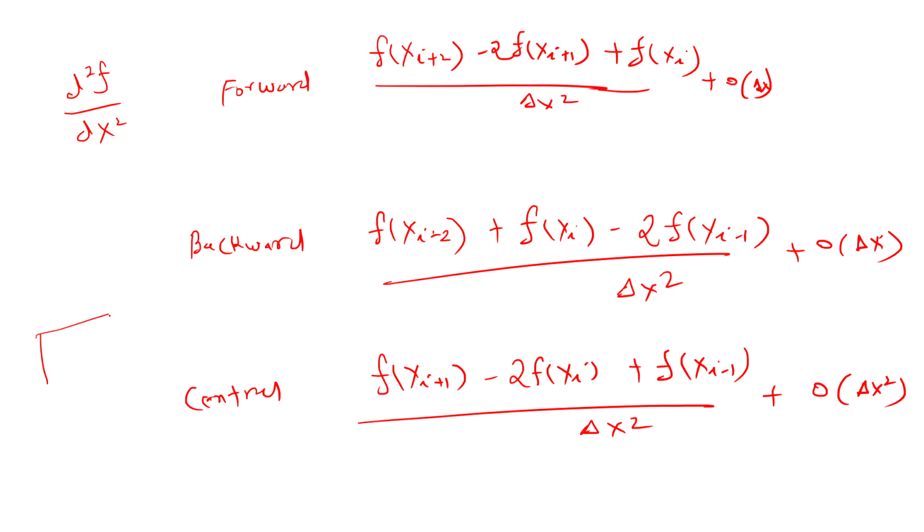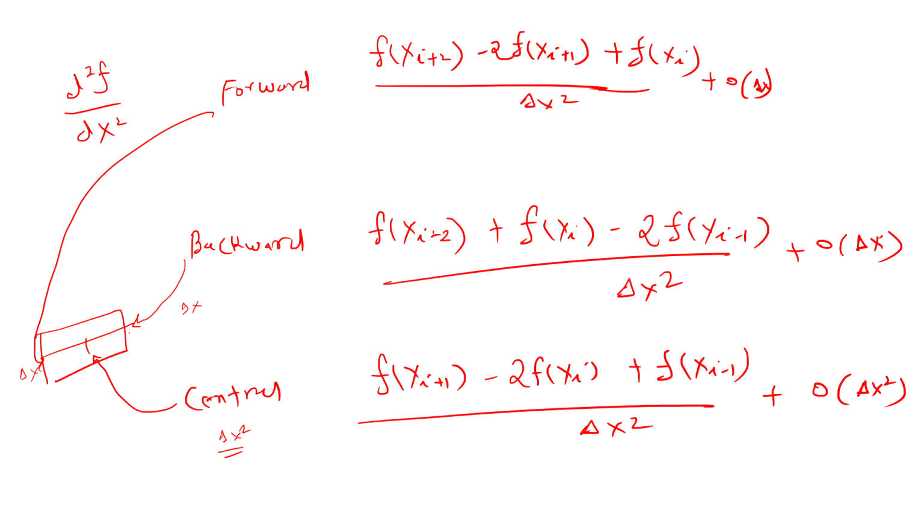This can be applied towards the center, towards this boundary, and towards the left boundary. But if we mix the derivatives, suppose at this particular boundary I am applying a backward difference that is of order delta x, and at this other boundary I am applying a forward difference that is of order delta x, and in the central nodes I am applying the central difference that is of order delta x square.